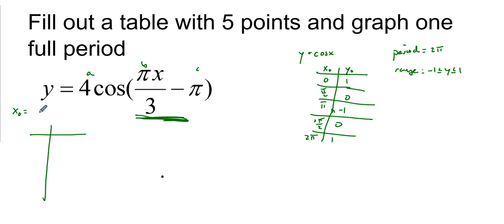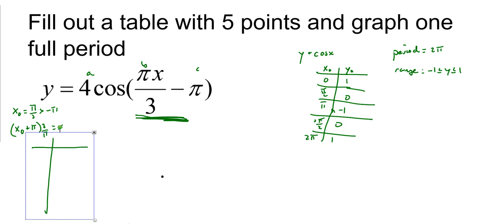So if we go 3x minus pi, we can solve this for x. If I set this equal to 0, add pi, and then multiply by 3 over pi, that's going to equal x.